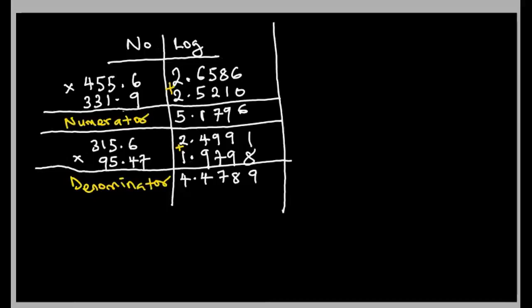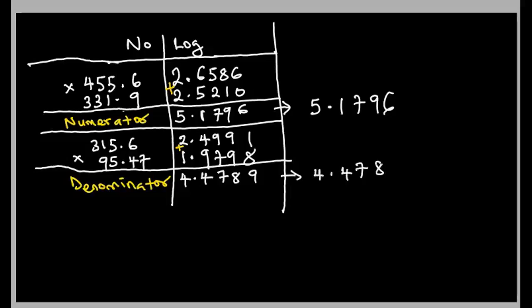For our numerator we have 5.1796, and for the denominator we have 4.4789.